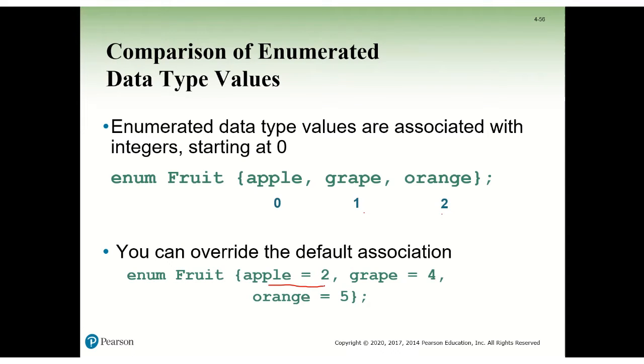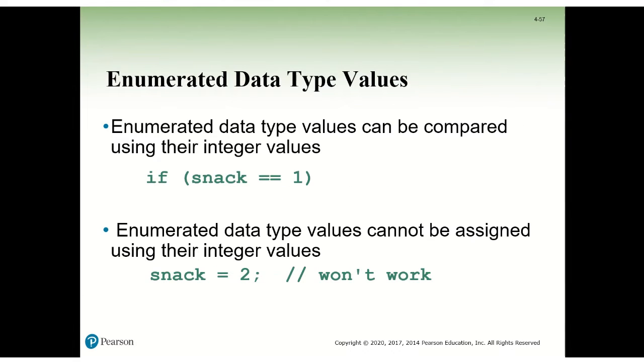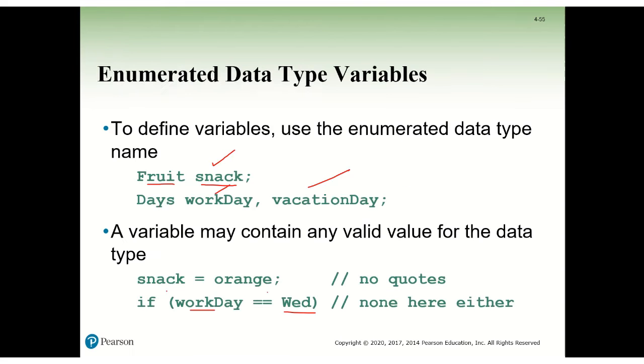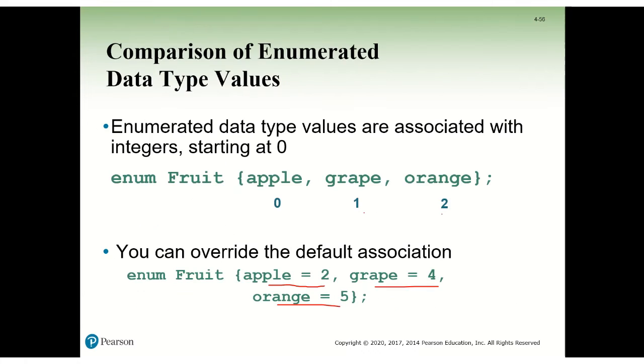You can write apple equals 2, defining whatever number you choose for apple, for grape, and for orange. So if snack equals 1, enumerated data type values can be compared with their corresponding integer value. That means you are really talking about grapes, right?